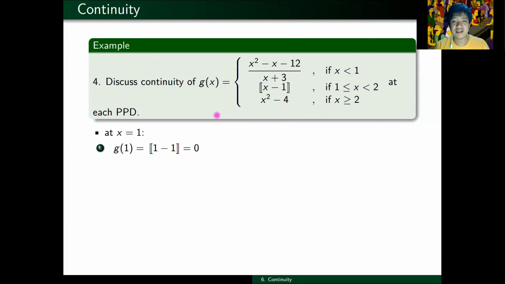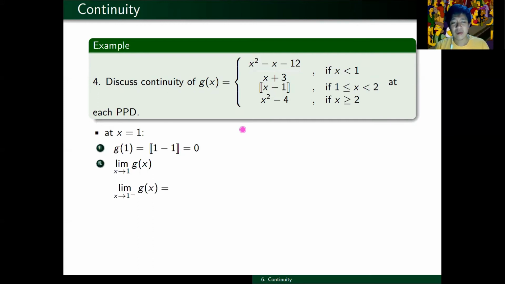First condition is satisfied. Next, I want to know the limit as x approaches 1. 1 is a breaking point of your piecewise function. So to get the limit as x approaches 1, I have to consider one-sided limit since magkaiba yung function from the left and from the right. Okay.